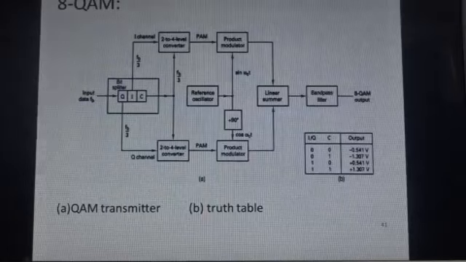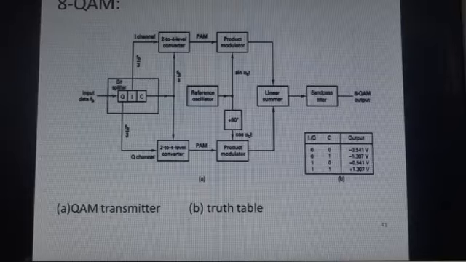Among the types of QAM that we have explained, 8 QAM is shown in the figure. It is a QAM transmitter. In this, 3 inputs are given, which go to a 2 to 4 level converter on both sides, that is the odd channel and the even channel. This is given to the product modulator, which modulates the signal.